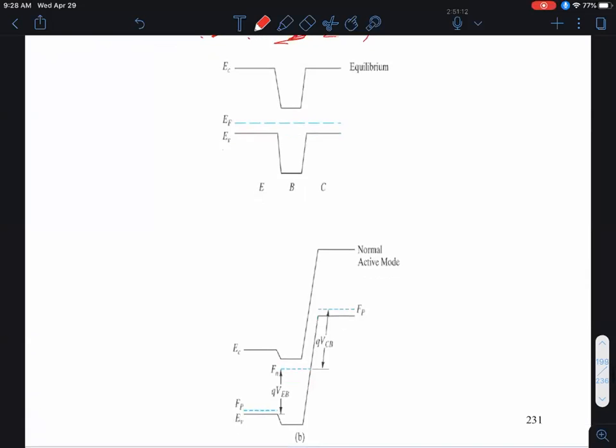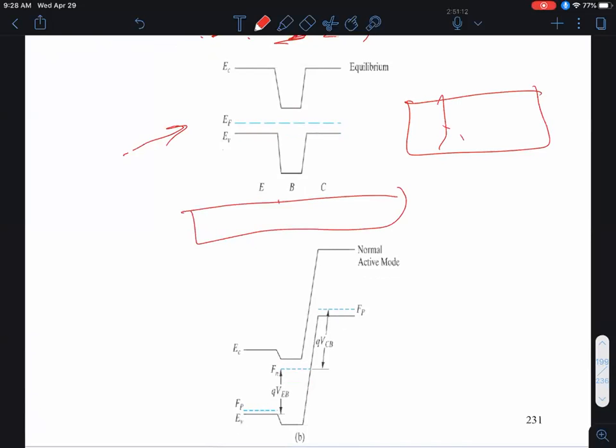But just before I show that, this shows the band diagram of this PNP BJT. Well, let me draw it over here. So that's my P plus emitter, N-type base, and P-type collector, emitter, base, collector. Initially in equilibrium, the Fermi level has to be constant everywhere. And then with respect to that, I can draw the band edges.